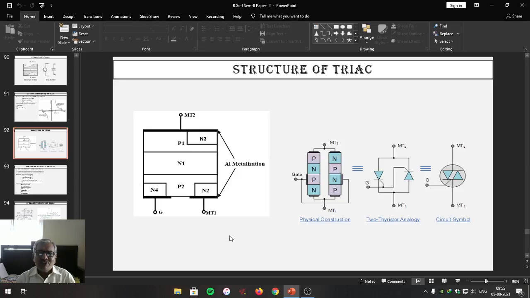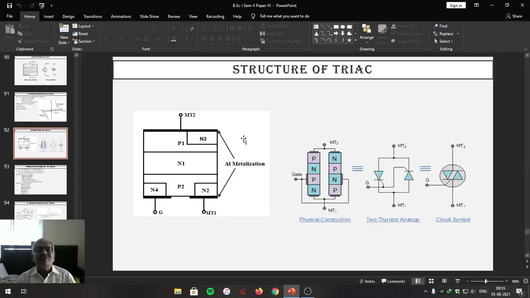Let me see its operation. To understand the working of TRIAC, as TRIAC is a bidirectional device, it will conduct the current in any direction. Let me suppose MT2 is made positive and MT1 is made negative.